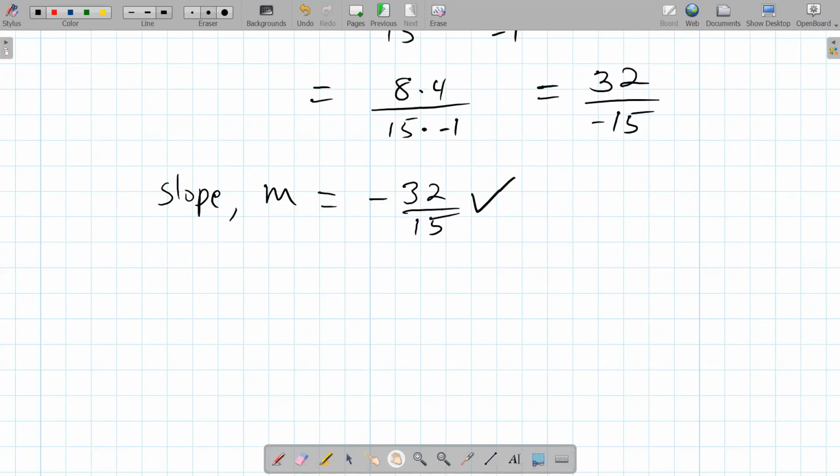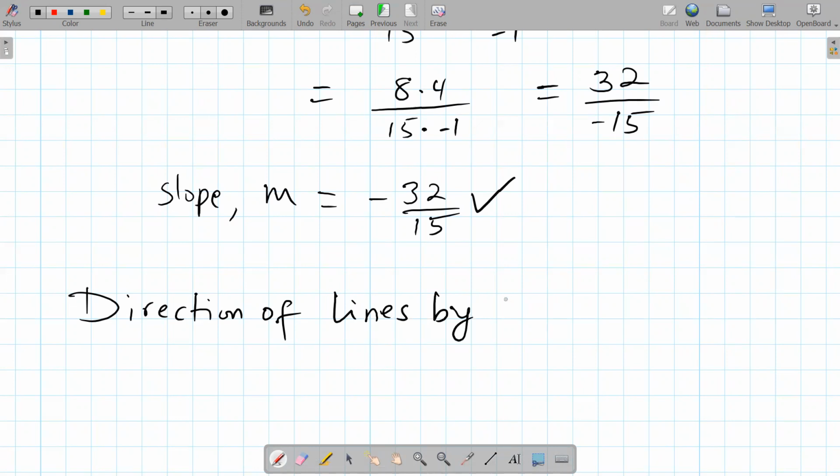So we want to look at the direction of lines by slope. Let's look at that. Direction of lines by the slope.